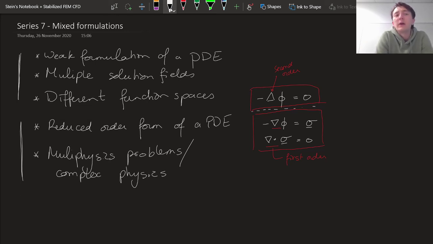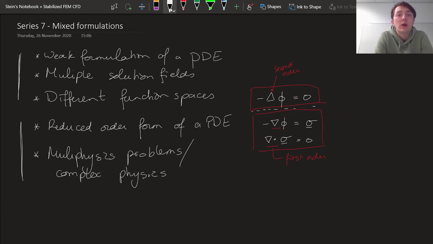So an example there might be that we try to solve for a temperature field and a displacement field at the same time. Maybe the temperature field affects the constitutive law, so that we have to solve both of these in parallel. They're definitely different variables and they might also live in different function spaces. So that would also produce mixed formulations.